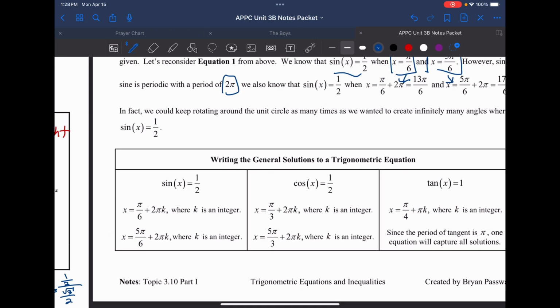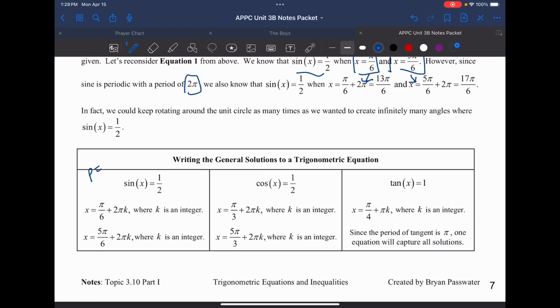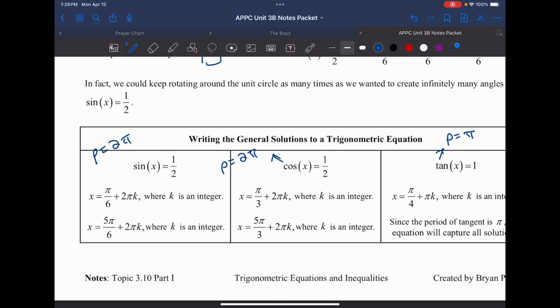So remember, for sine and cosine, the period is 2 pi. And for tangent, the period of the parent function is pi. And this is just an example.